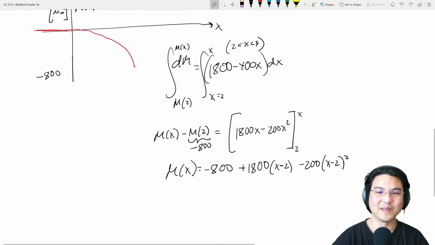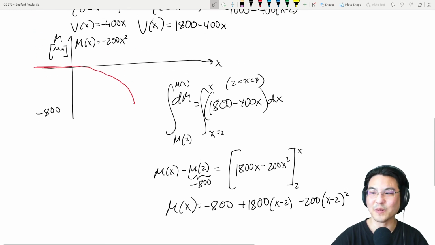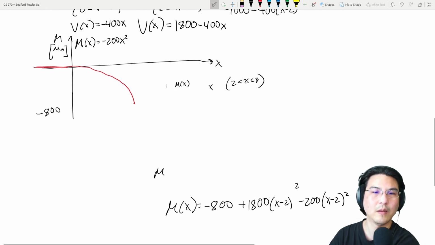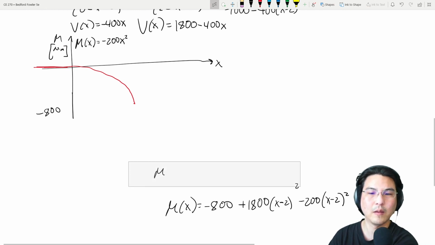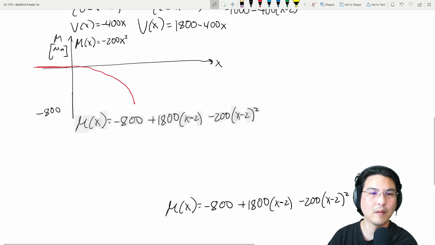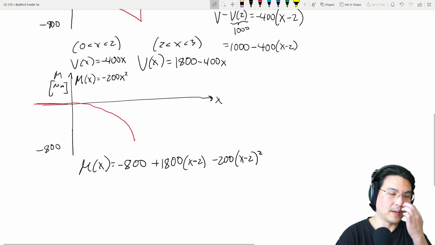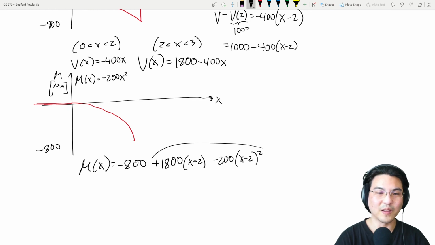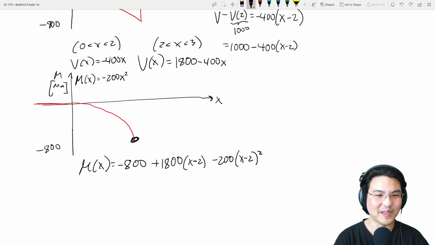Okay, so what does that look like? Let me just move this over a little bit. When x is 2, all of this is 0, so it's at minus 800. And then at x equal to 3, what do we have here?